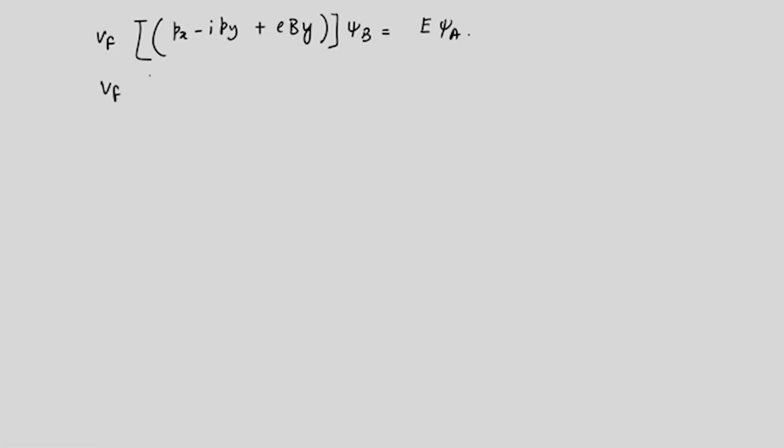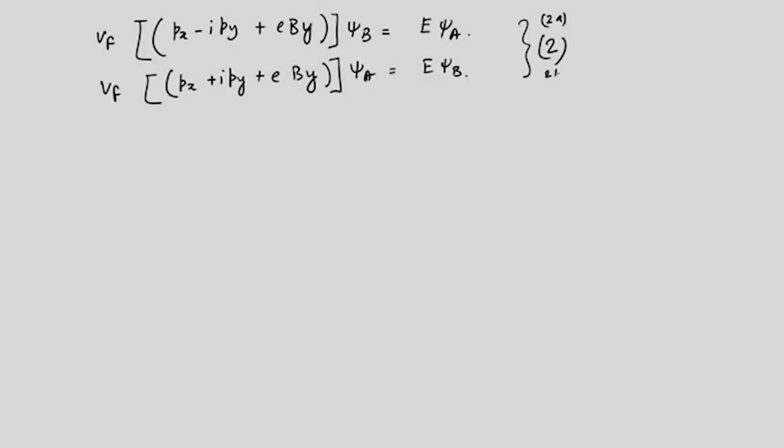And Vf (Px plus iPy plus Eby) psi a is equal to E psi b. Okay, so this is equation number 2. Let us call them 2a and 2b.